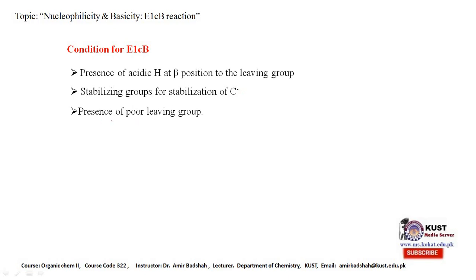The third is the presence of a leaving group, but the leaving group should be poor. It is not easily detached. If it is a good leaving group, it will not follow the E1cB mechanism. What are the kinetics?